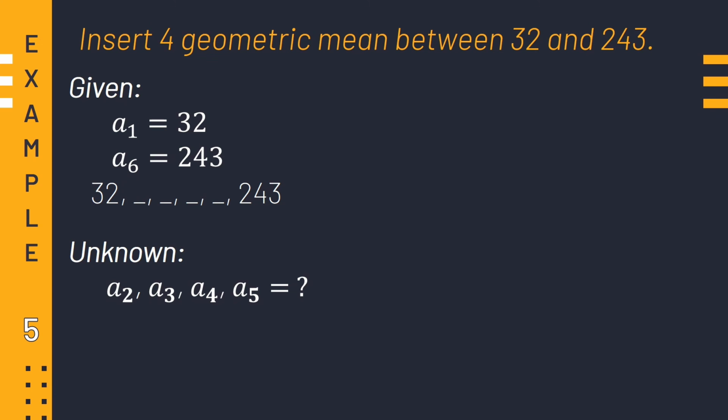Next step, to actually solve for the missing means, we will go back and apply the definition of the geometric sequence, which is we can obtain the succeeding terms by multiplying the preceding term by the common ratio.